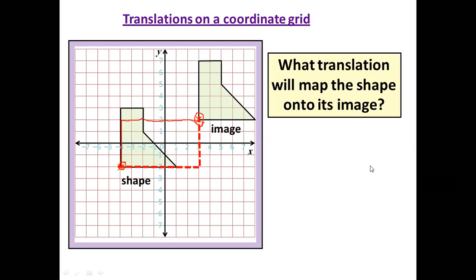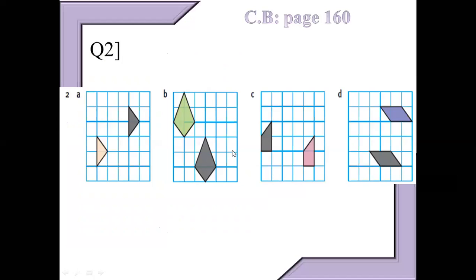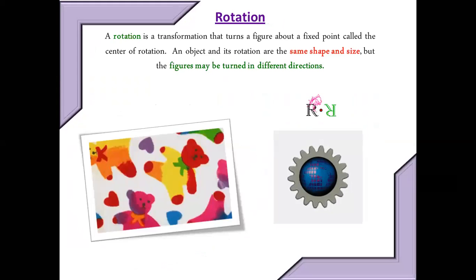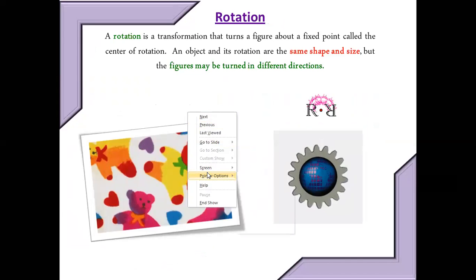Okay guys, now we will talk about rotation. Please let's pay a bit of attention to rotation. Rotation is a transformation that turns a figure about a fixed point called the center of rotation. First, we have the center of rotation here.